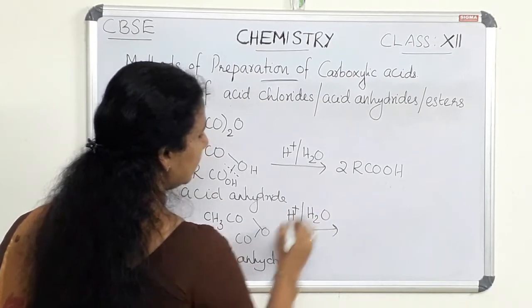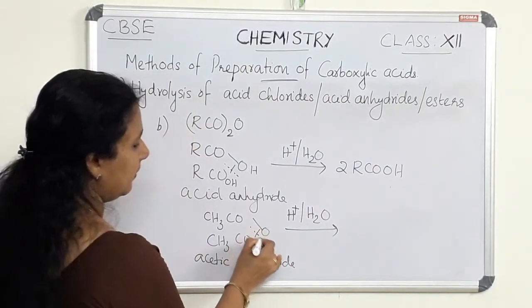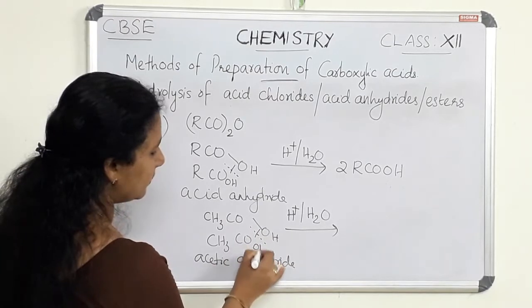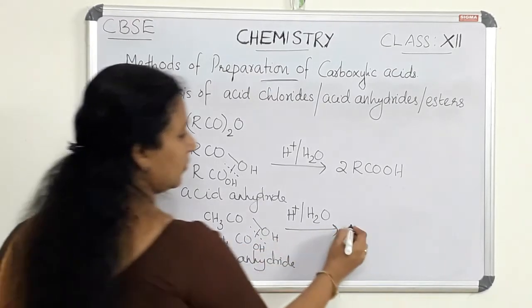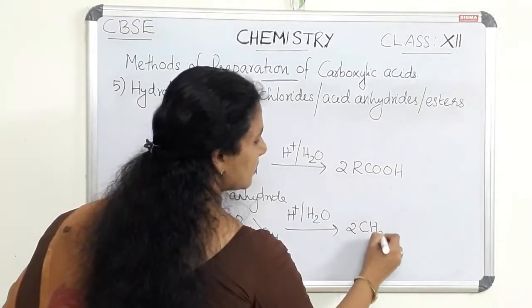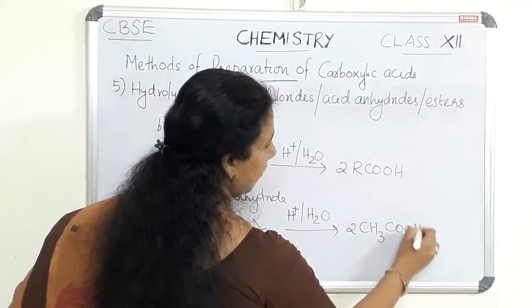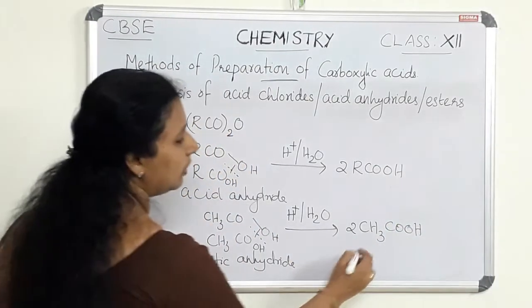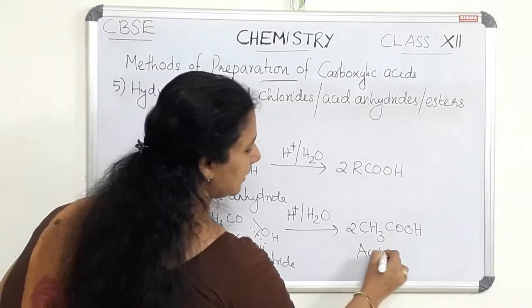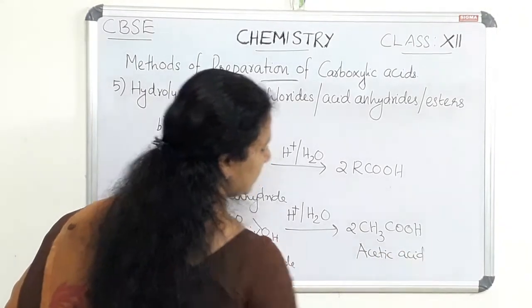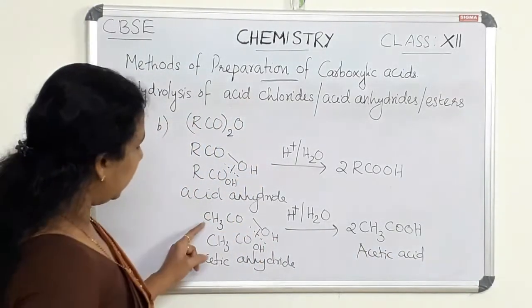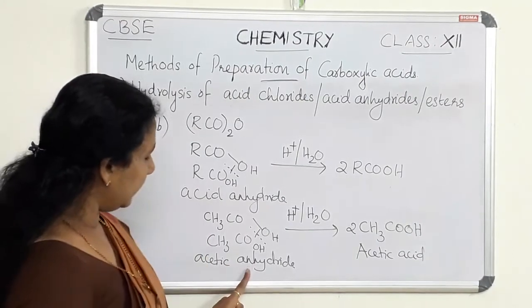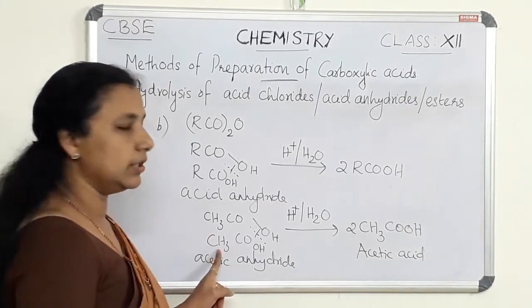So upon hydrolysis, H will be attached here, OH will be attached here. So we will get 2 molecules of CH3COOH. That means 2 molecules of acetic acid. Here we have taken an anhydride with same alkyl groups.